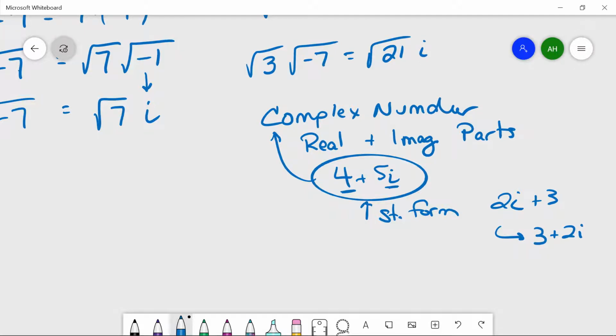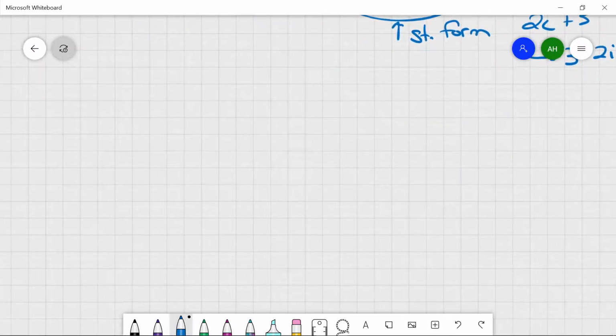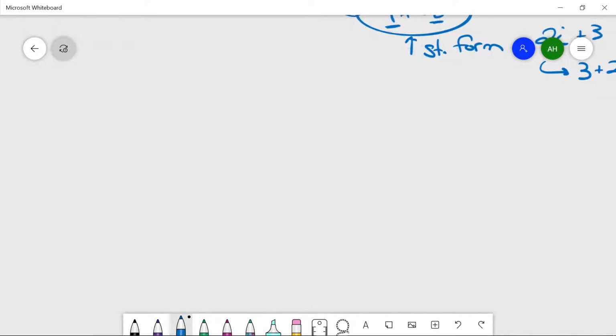Okay, so let's think for just a second about something else. Let's look at a couple of things. If I've got 2 plus 9i, and I'm going to add that to 4 plus 3i, I can just go ahead and add my like terms.